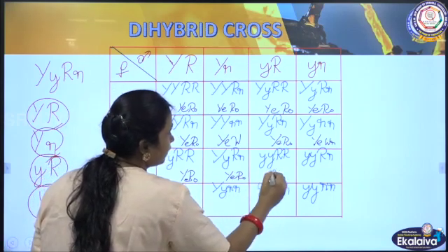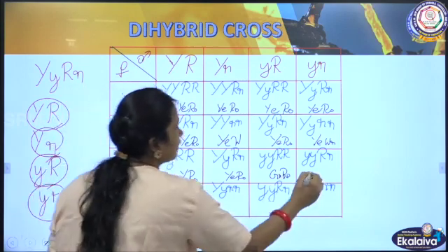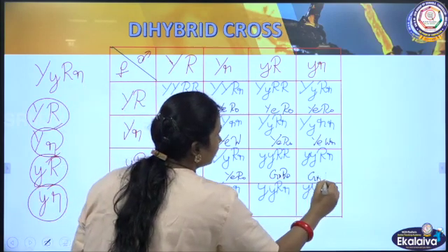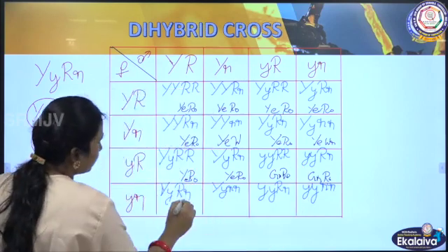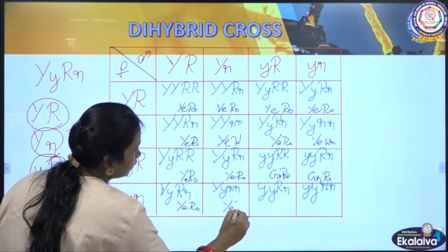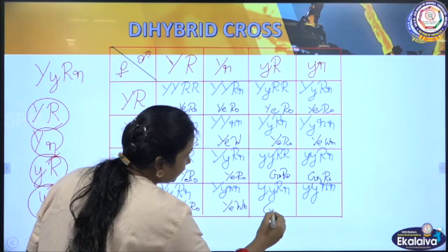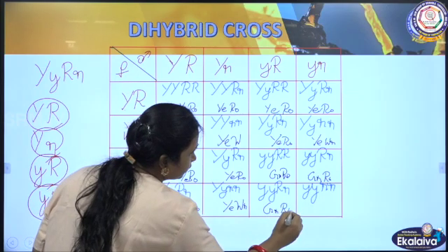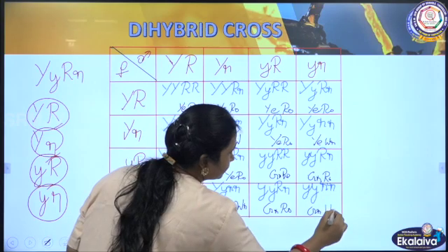Green, this is green and this is round, and here again it is green, it is round, capital R is there, so it is round. Then yellow round, yellow wrinkled, we have two recessive character. Here green round. Here both are recessive, so green wrinkled.